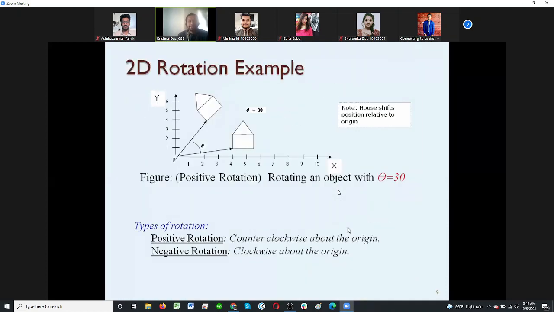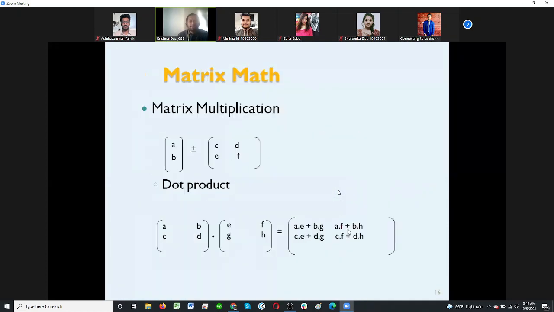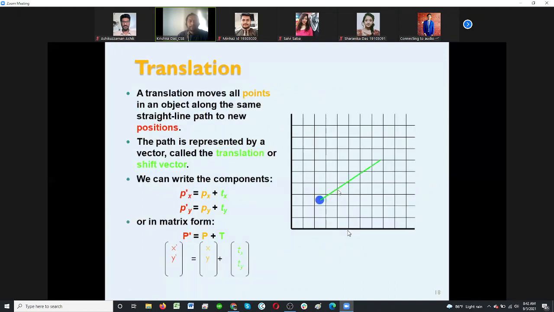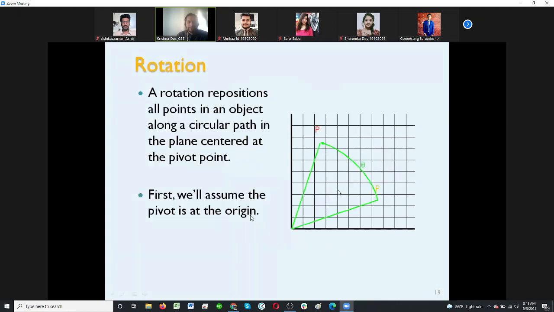We have seen an example as well of what happens for that point, with the column vector: x and y plus dx and dy give us the new values x prime and y prime for the new point's location. This is the translation.